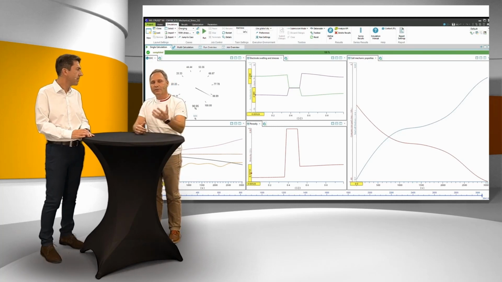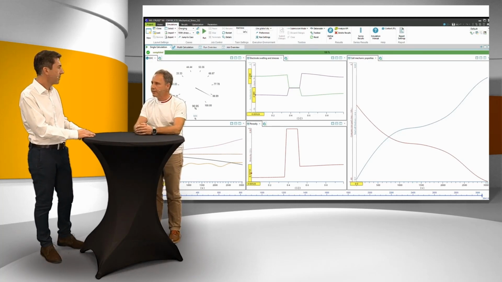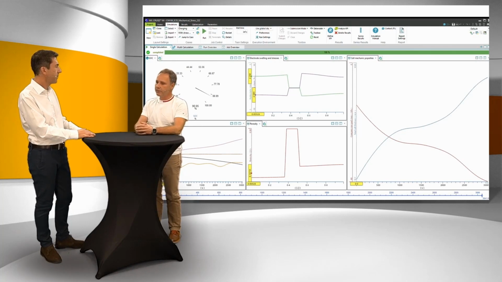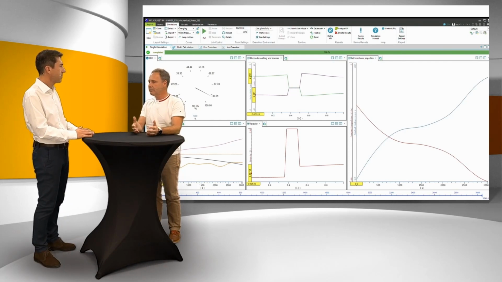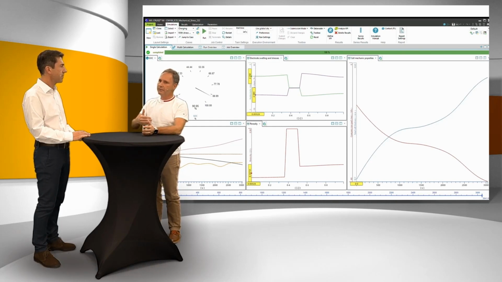Yeah, this is one of the key advantages of why simulation can help reduce effort in testing, because we all know aging tests take not just days or weeks, they can take even a year or longer. In this case, simulating 50 minutes of charging takes about a minute in the simulation, depending of course on CPU power, and that already shows the potential.